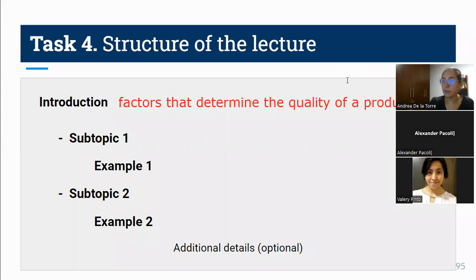What was the first subtopic, the first factor? Reliability. Exactly that, reliability. And when the professor talks about the first factor, before getting into any details, she gives a short definition of the word reliability, right? Or her short explanation of what it is. So do you guys remember what reliability was?